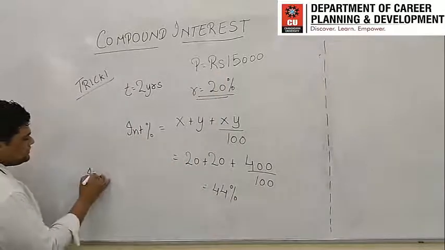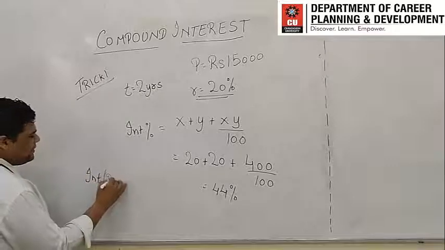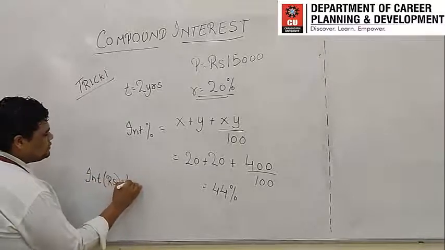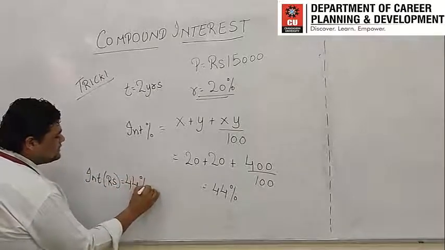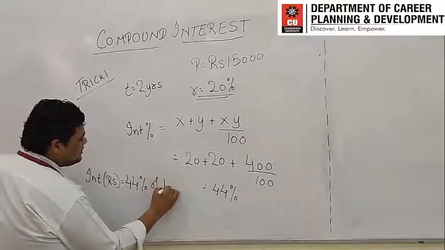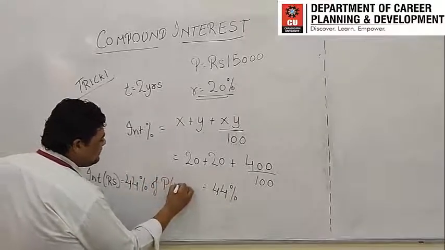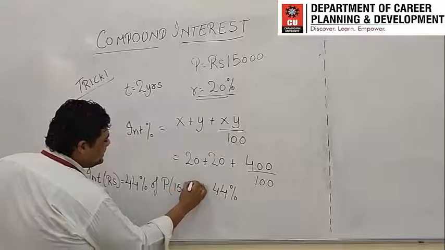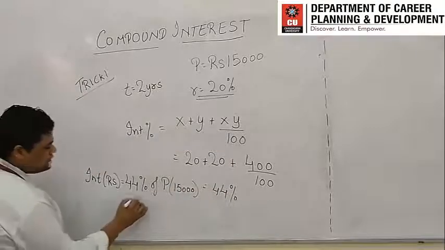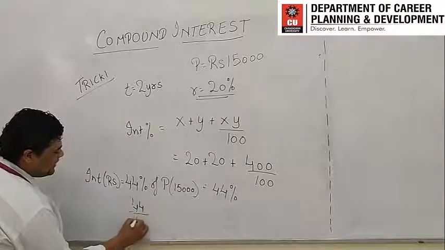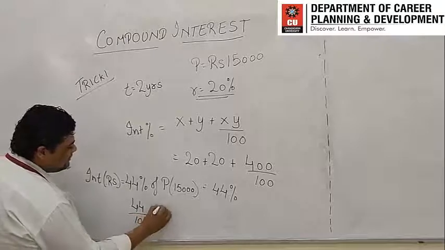So the interest in rupees will be equal to 44% of principal, that is 15,000. So 44 divided by 100 multiplied by 15,000.